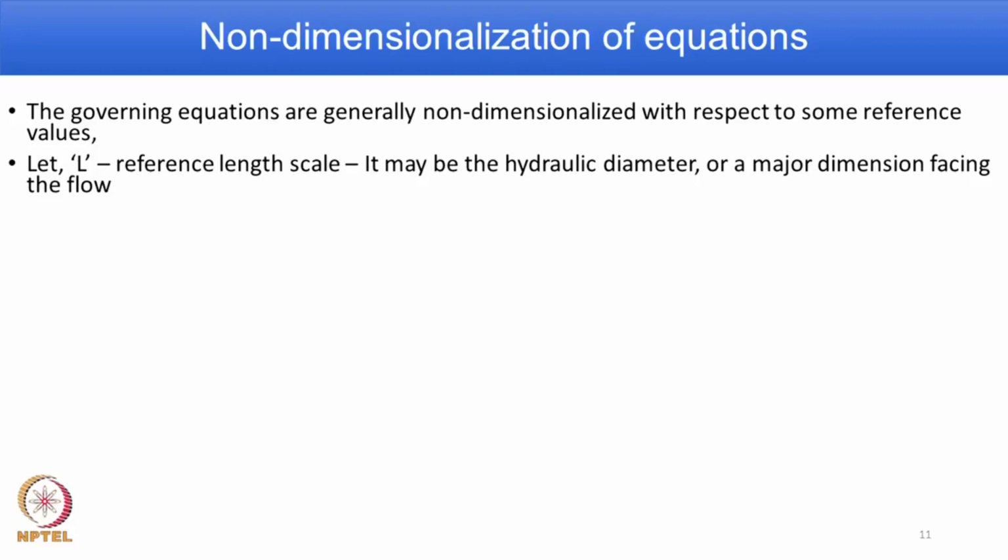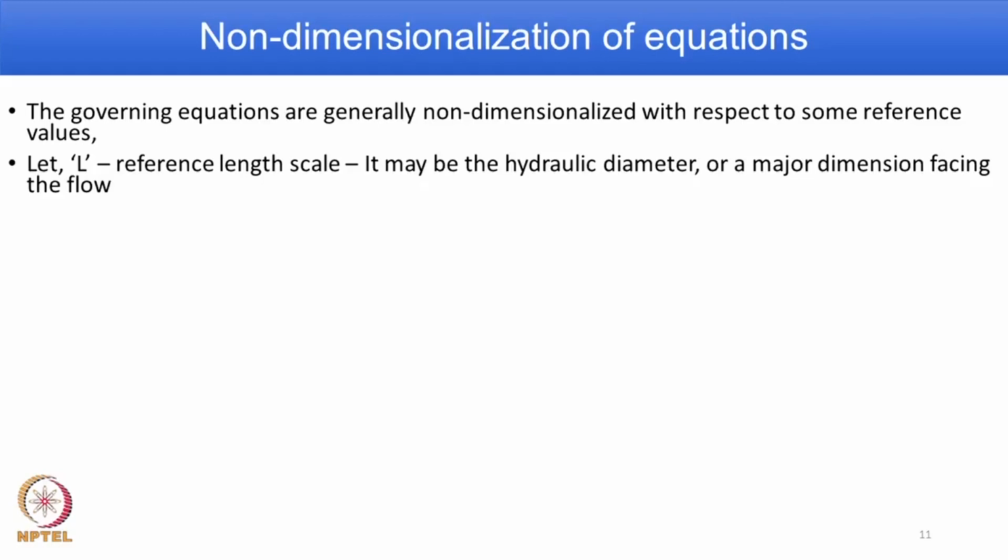So in a problem you need to identify a reference length scale and a reference velocity scale. If you consider, for example, flow through a circular cross section pipe, the diameter of the pipe can be a reference length scale.